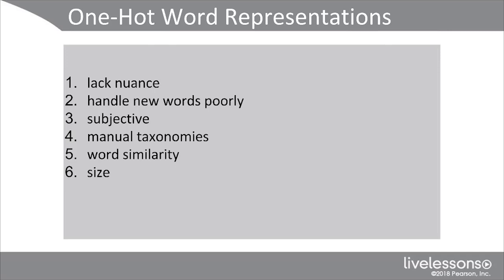The sixth point is that one-hot vectors become gigantic and unwieldy to make computations with as data set sizes get larger. For example, an English speaker typically has 20,000 words in their vocabulary. So that'd be 20,000 rows in a one-hot matrix.